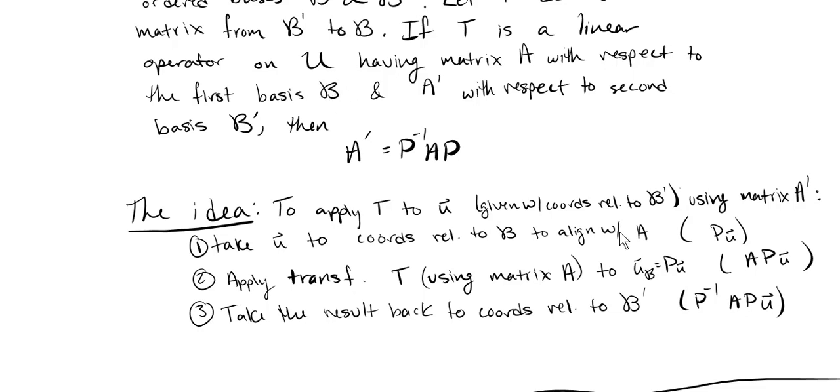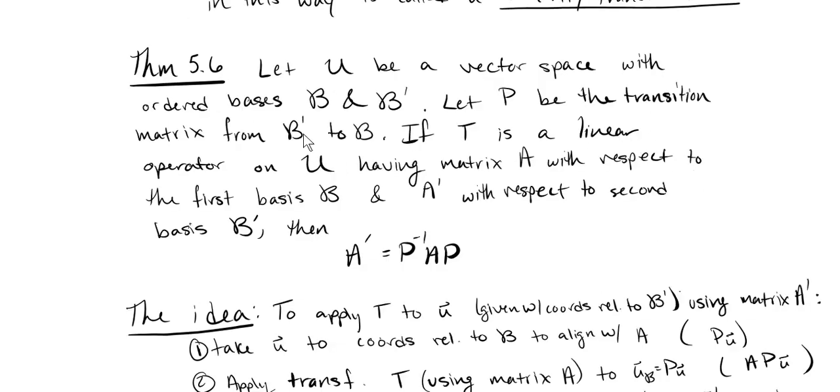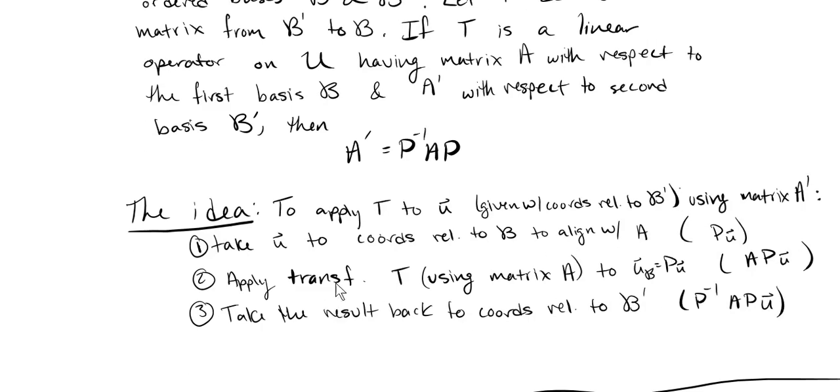So let's express U in that same basis so it's compatible with A. To convert, we need the transition matrix from B prime to B. So multiply P times U.